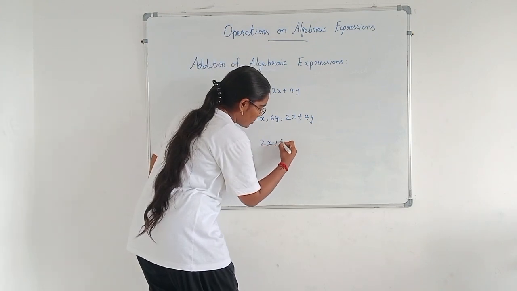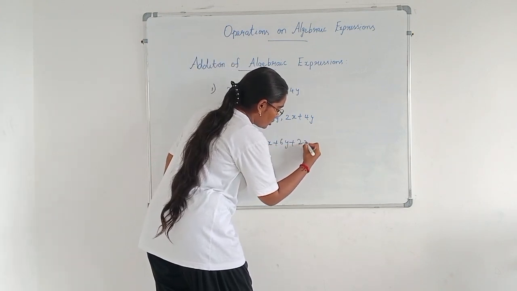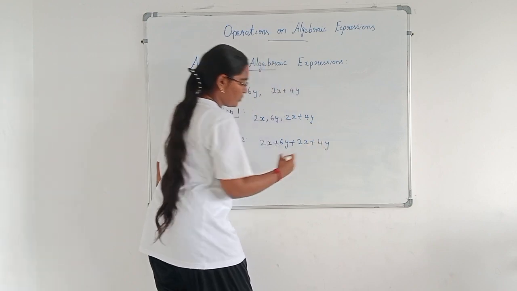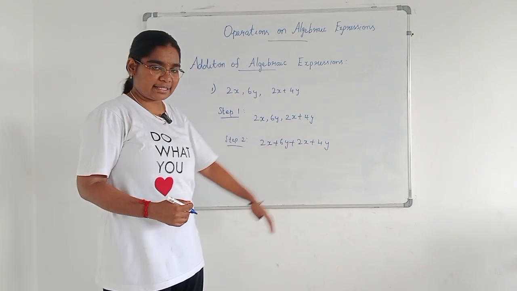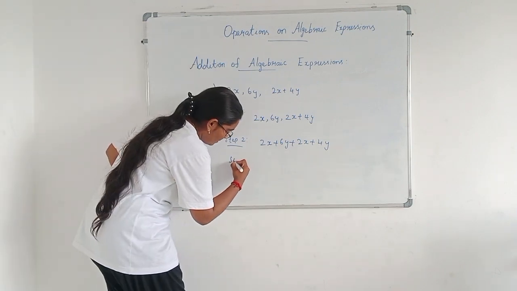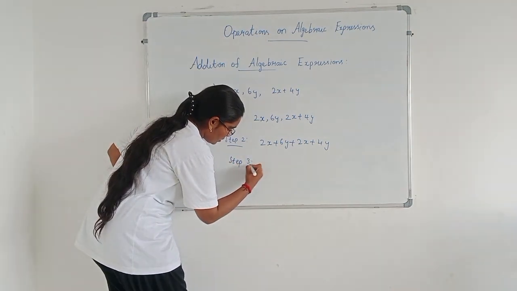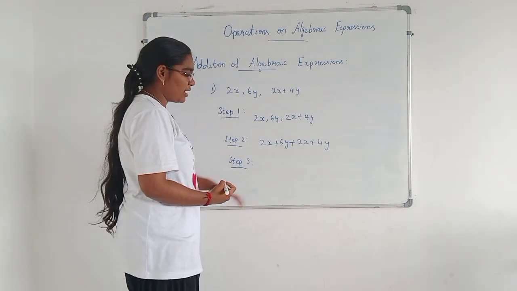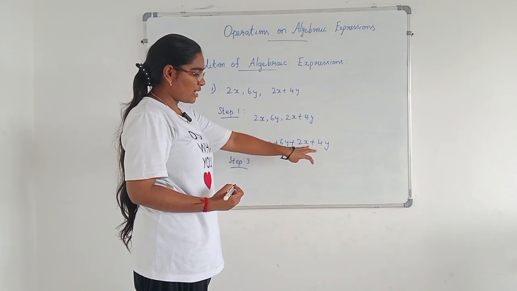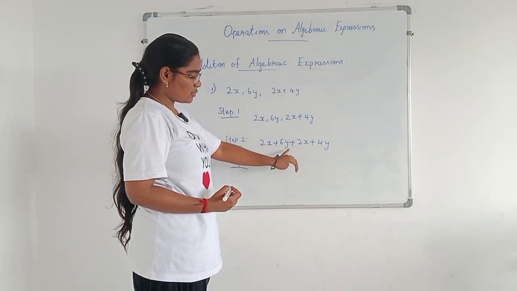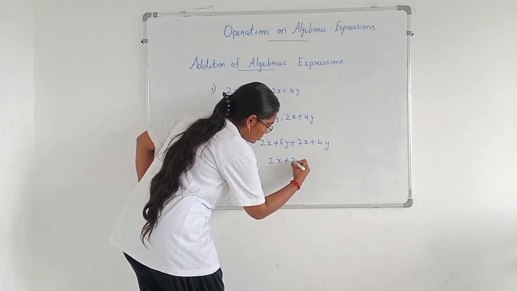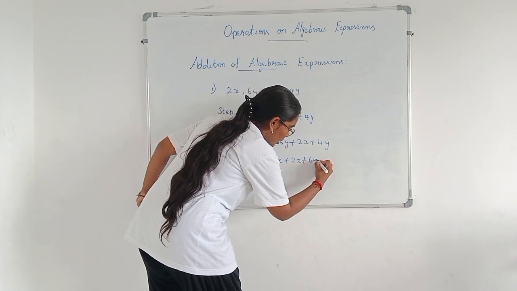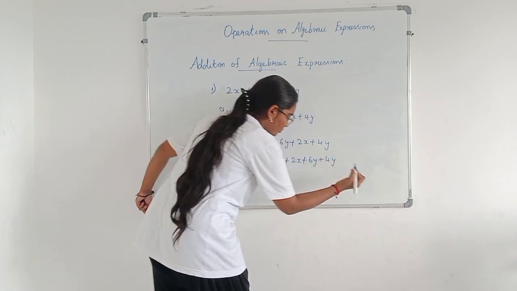So, 2x plus 6y plus 2x plus 4y. In step 3, we have to group the like terms. Here the like terms are 2x and 2x, 6y and 4y. So 2x plus 2x plus 6y plus 4y.